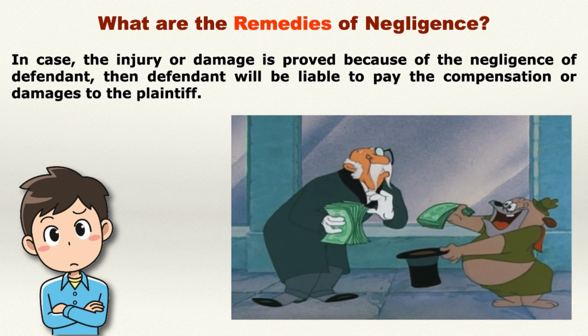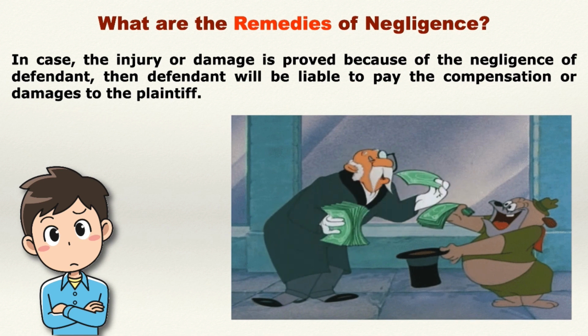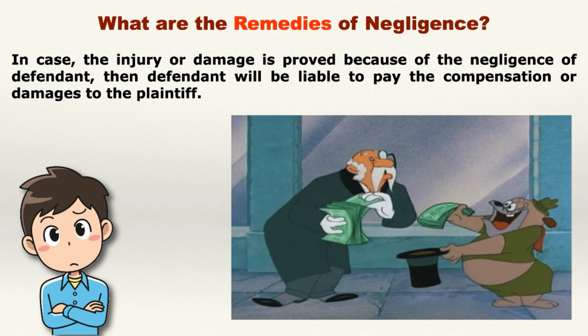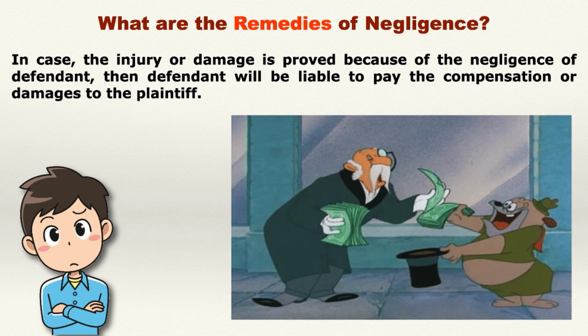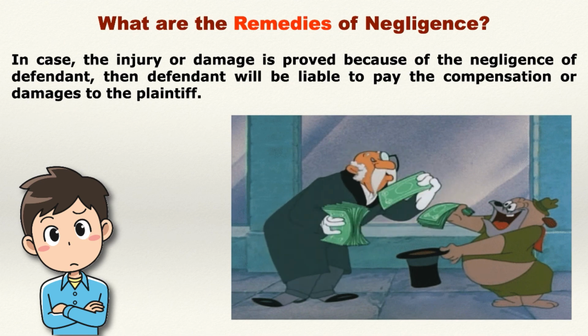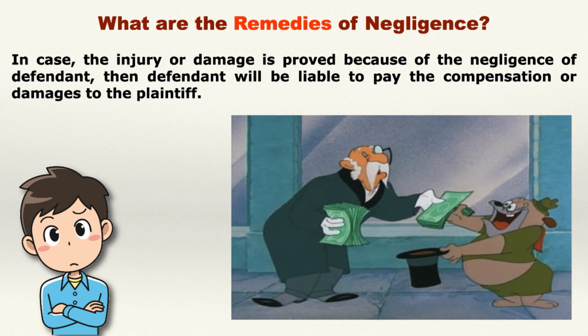You know that in tort law, compensation or damages prima facie is the most prominent remedy. Okay, so this is all about negligence that we have discussed: the meaning and concept of negligence, the essential elements of negligence, the defenses against negligence, and lastly, of course, the remedies of negligence.